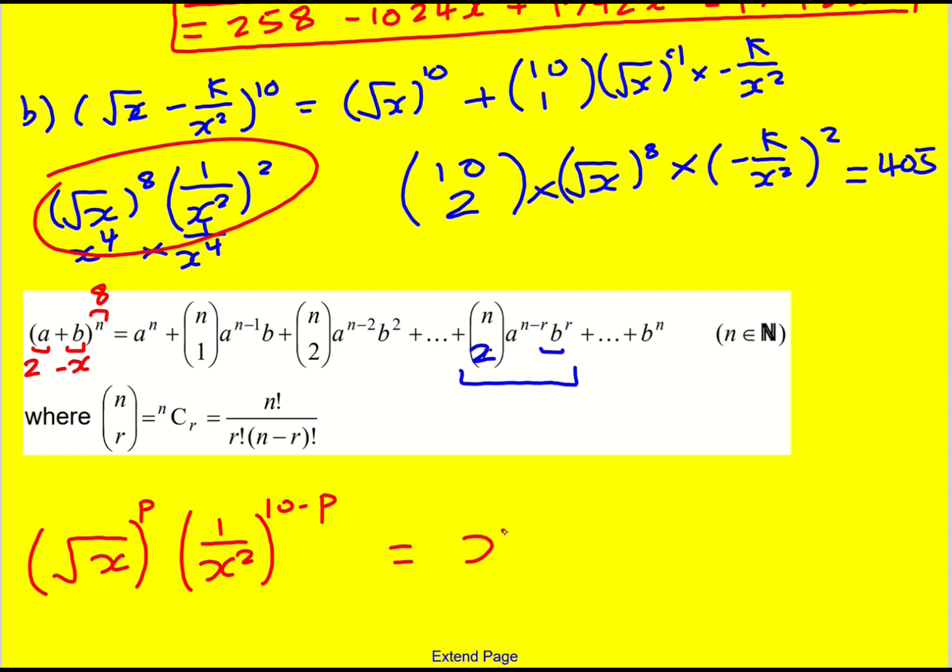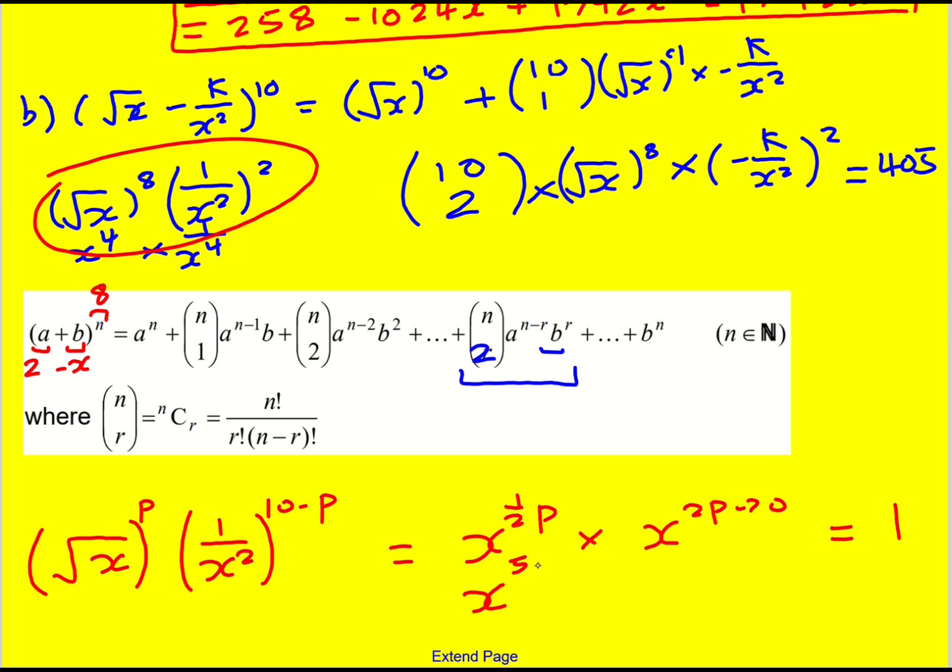It would then become x to the half p multiplied by, this is x to the minus 2, so I'd actually get 2p minus 20 when I sort that out. And I want this to equal 1. So that means I can add the powers. I know it's more complicated for sure, but it is like an algorithmic way or a process to follow to do it rather than just trying things out.